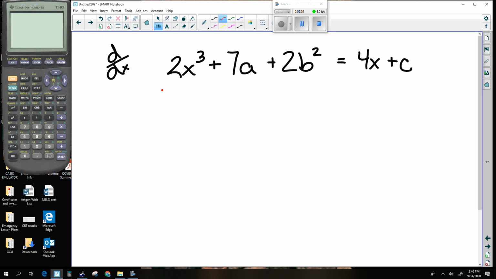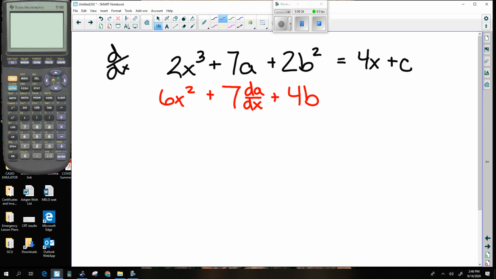So this is going to be 6x squared. Or 7a. It does have the letter a, and so I take the derivative of that a. The derivative of a is 1, so that's 7. But because I just took the derivative of the a, this gets a dA dx. Next bit, I'm still taking the derivative. This is 4b, just like I normally would.